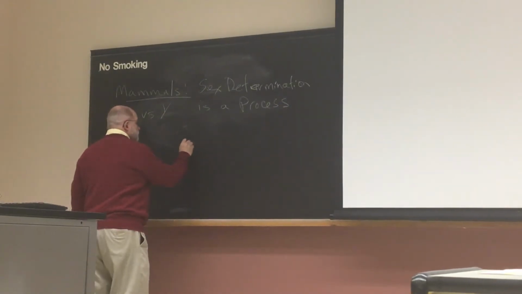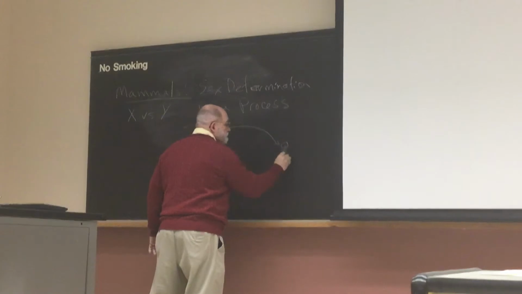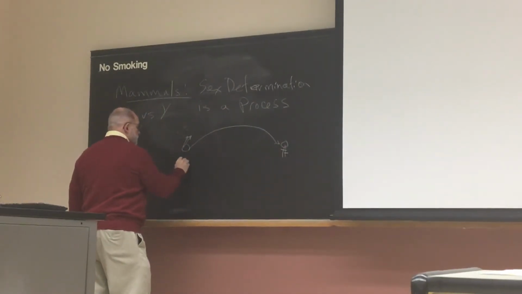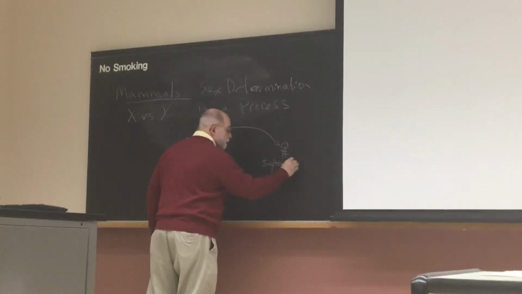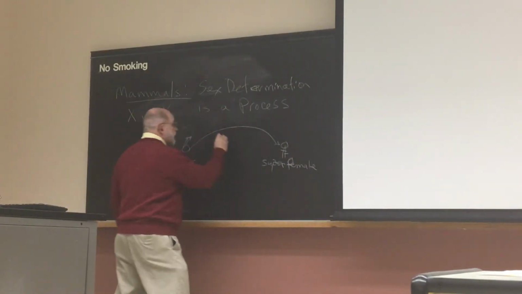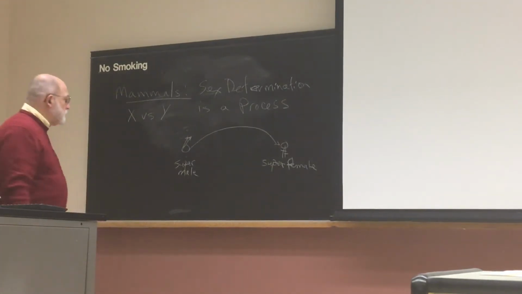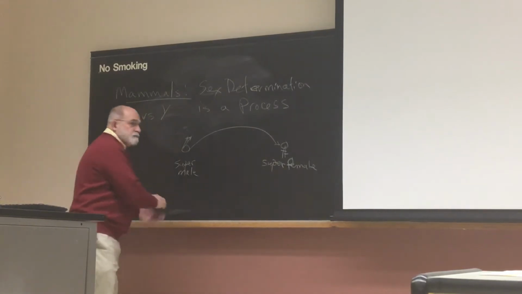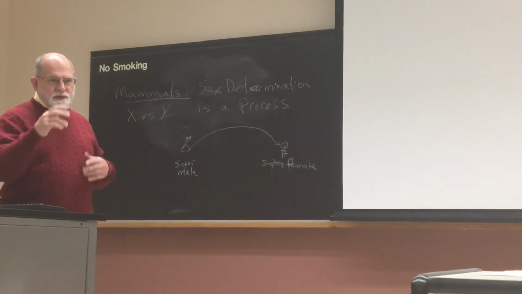And the end result can range from super male to super female, and anything in between. That also depends on if you're looking at something genotypically versus phenotypically. Yes, definitely. And we'll see why.